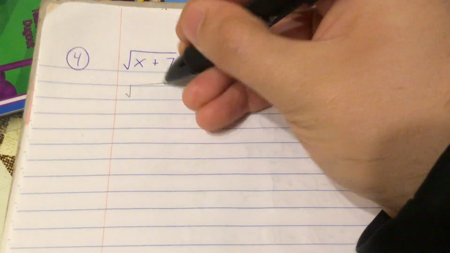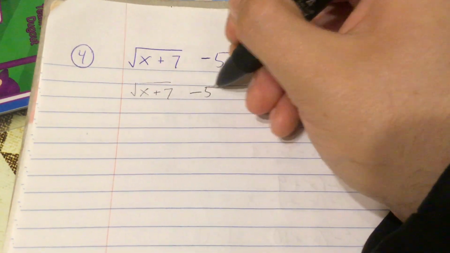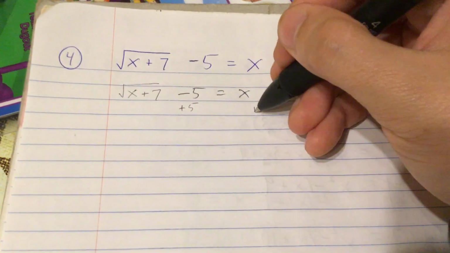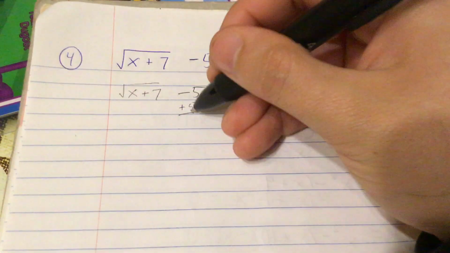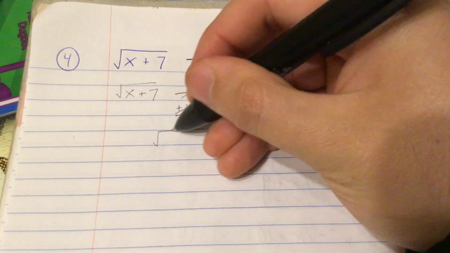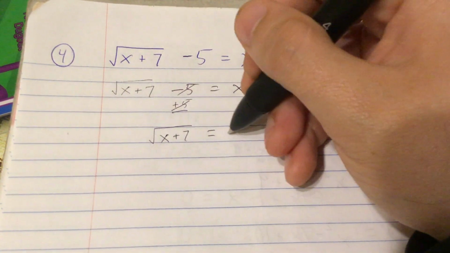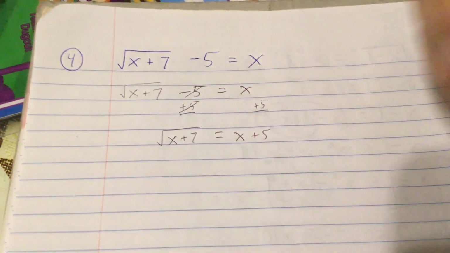I'm going to repeat the problem. Radical x plus 7 minus 5 is equal to x. I'm going to add 5 on both sides. So now the square root of x plus 7 is equal to x plus 5.